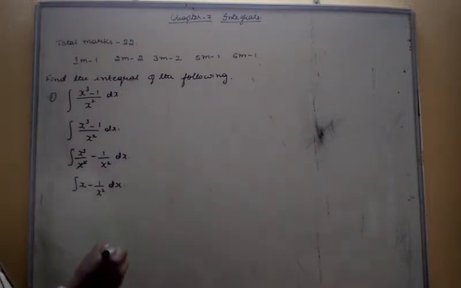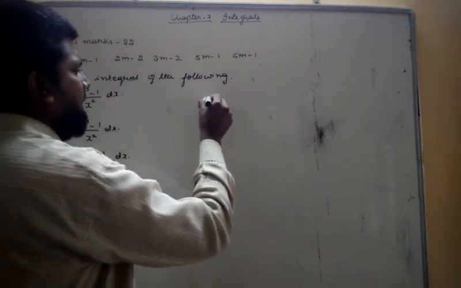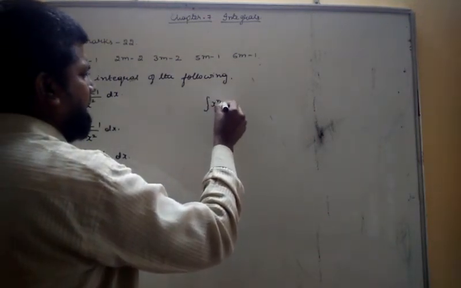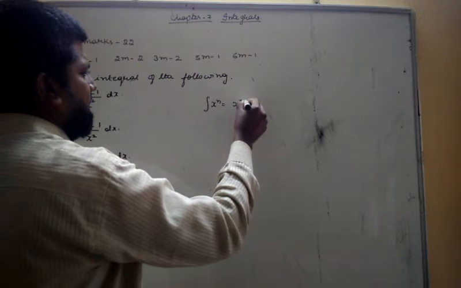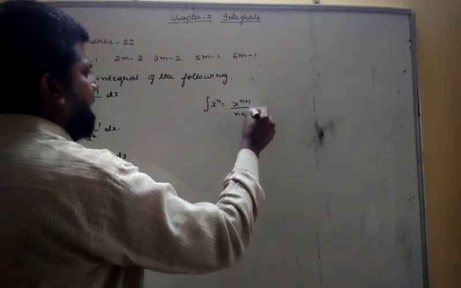So we know the integration of x to the power of n is x to the power of n plus 1 by n plus 1 plus c.